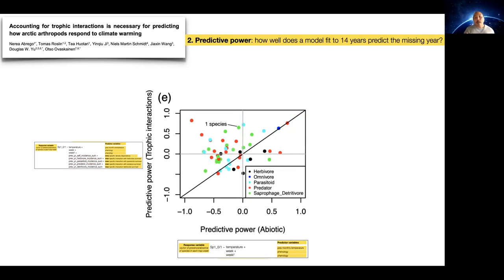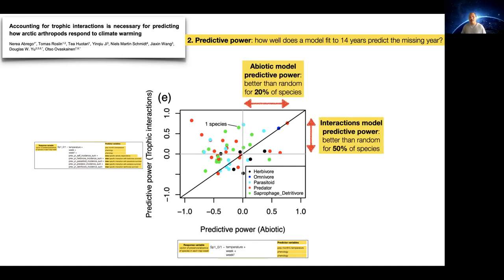How well do these models predict a missing year? So you fit the model to 14 years, you hold 1 year out and you ask how well does it fit to the year that you held out. And so in general, the prediction is worse. It makes sense. You're fitting to less. You're trying to do something more difficult. But the abiotic model does really badly, right?